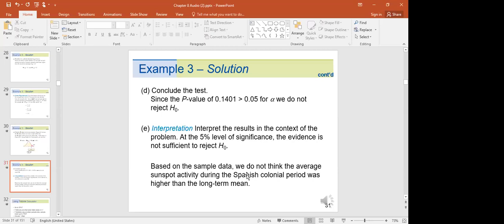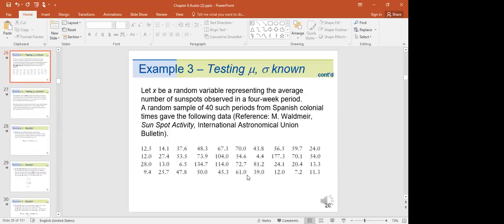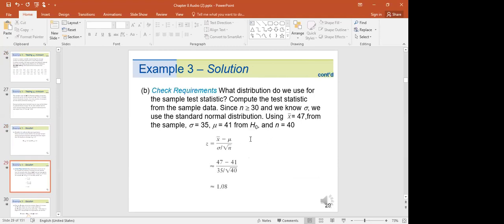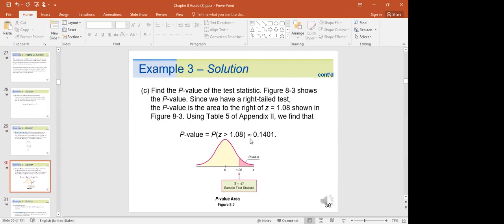So we have gone through 5 steps. The first step was to state the hypothesis. Mu equals 41 is the null, and mu greater than 41 is the alternative hypothesis, which is the claim. Then we use our calculator to compute the test value, which is 1.08. We can either read from the z distribution table or from our calculator.